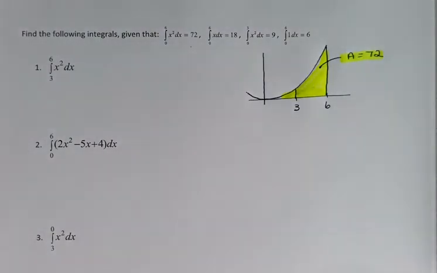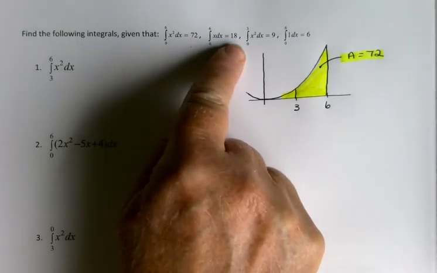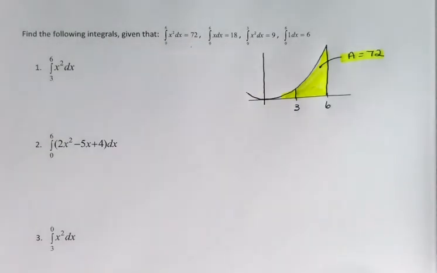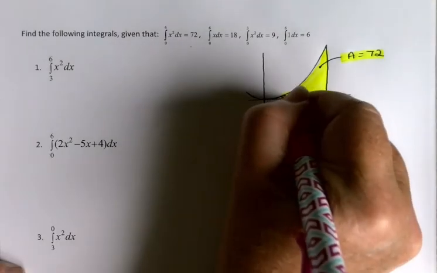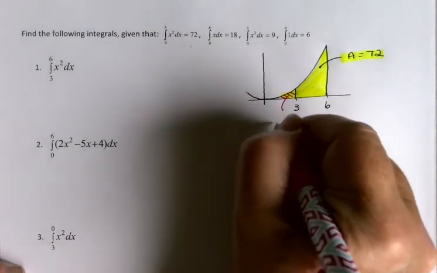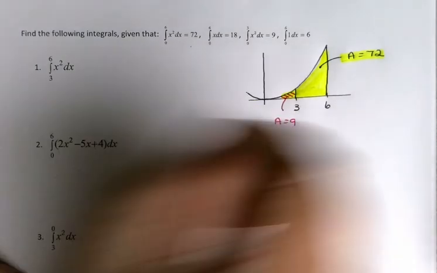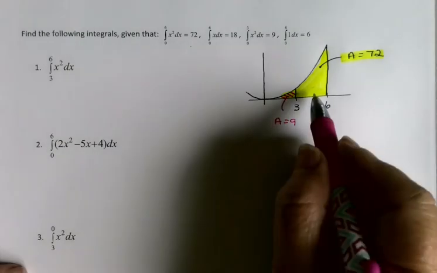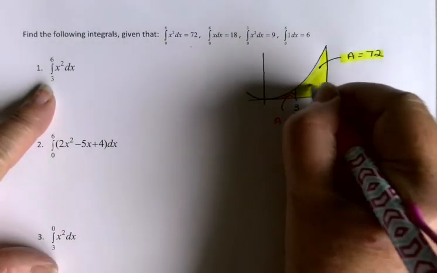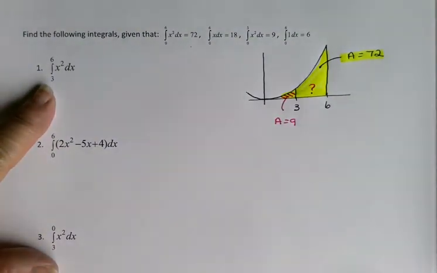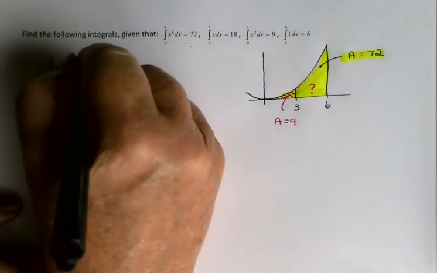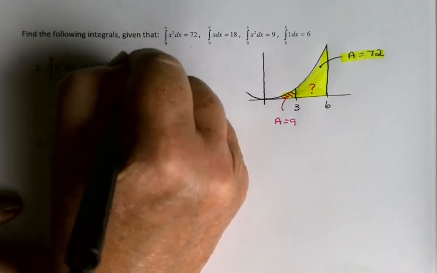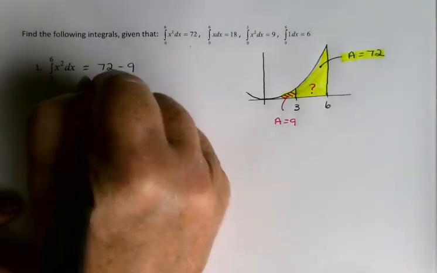I also know that the part just from 0 to 3 has an area of 9. So this part has an area of 9. That means the part that I want from 3 to 6 is just going to be 72 minus 9, or 63.